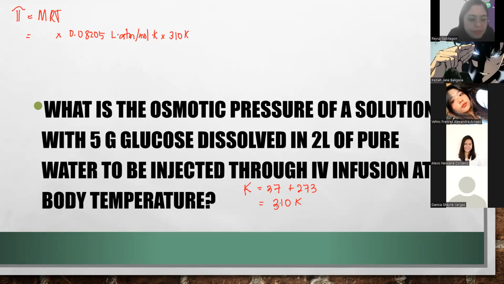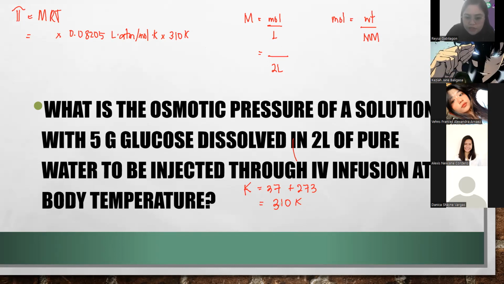Now, our problem is the molarity since hindi siya given dyan sa problem natin. Take note, molarity is equal to moles per liter. Walang moles na nakalagay pero the liter of the solution meron 2 liters. Hanapin muna natin yung moles using this formula, weight of the substance divided by its molar mass.